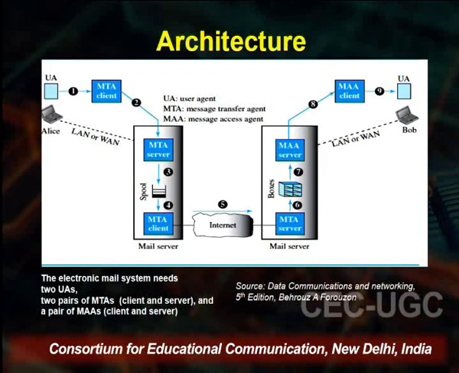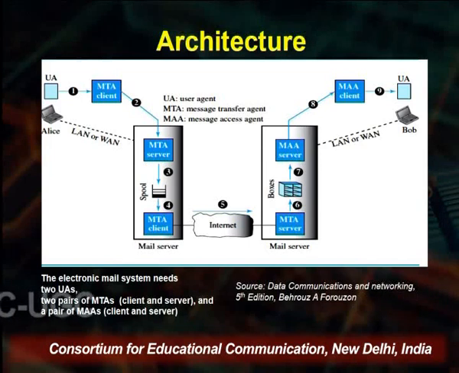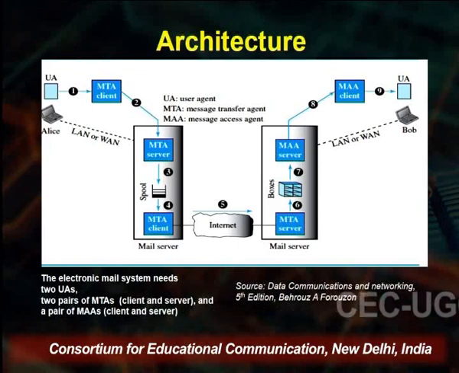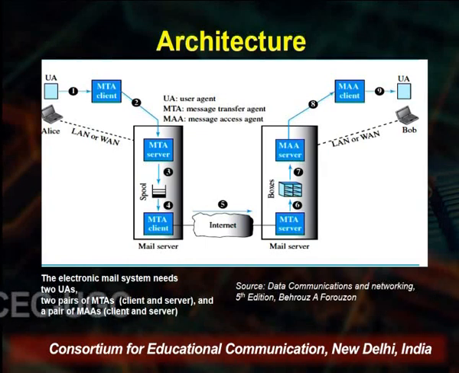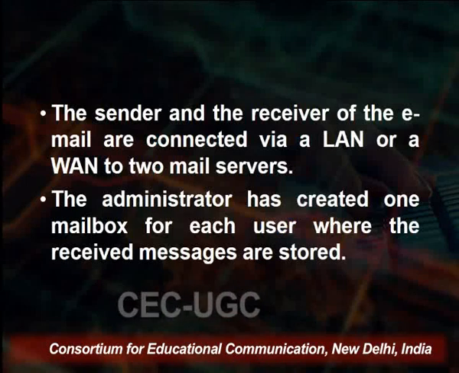We can also see that there is a spool. Spool basically means the queue, where a message can be stored while it is being sent. So that waiting area, that buffer, is also there.